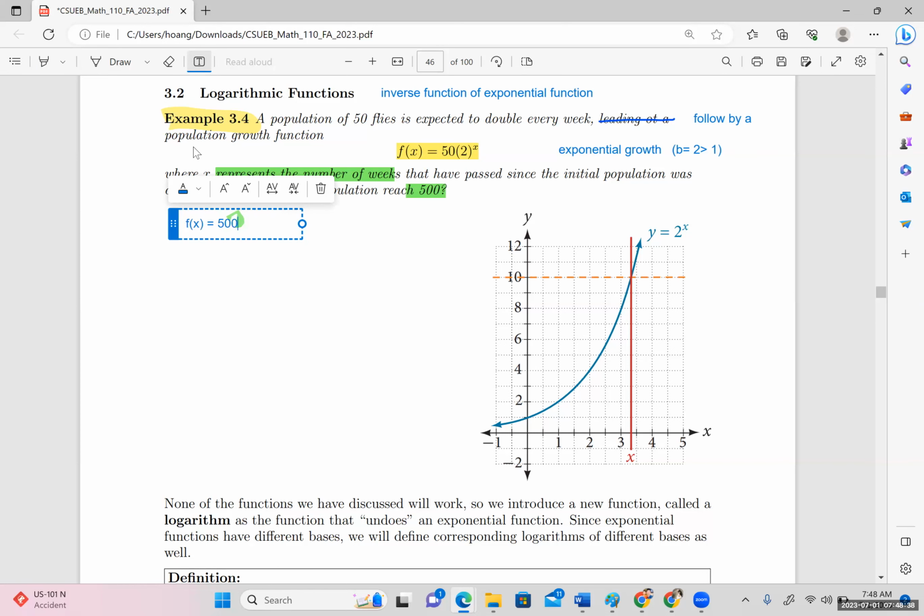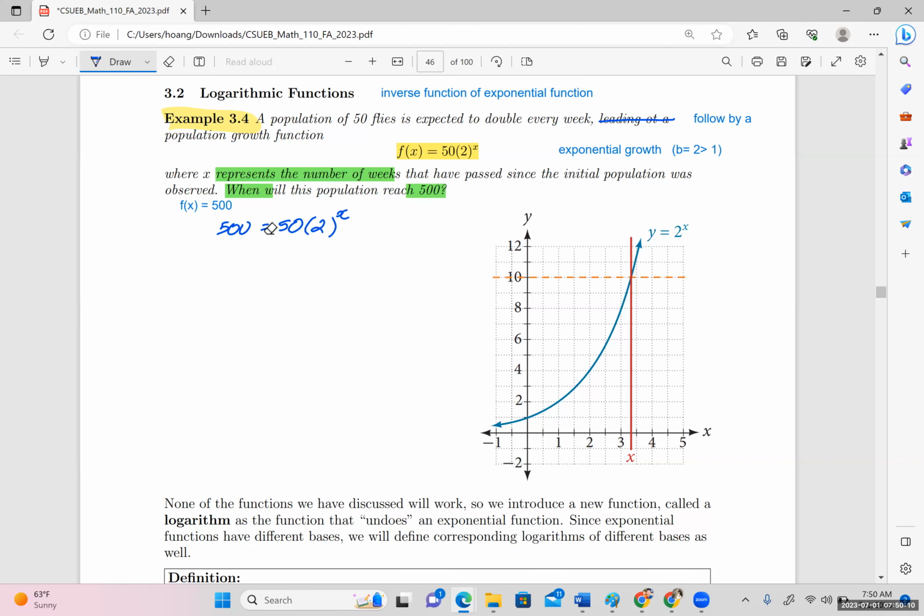So we can set up the function as 500 equal to 50 times 2 raised to x.